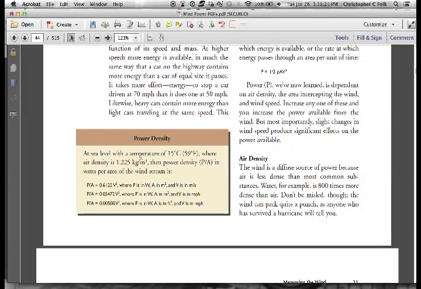Here we're going to see that at sea level, with a temperature of 15 C, which is 59 degrees Fahrenheit, where the air density is as shown here, the power density, P/A, in watts per area of the wind stream is as follows. And what I want you to realize is all three of these are the same speed. So for a given speed, we could measure the power in watts, the area in meters squared, and the wind speed or velocity in meters per second.